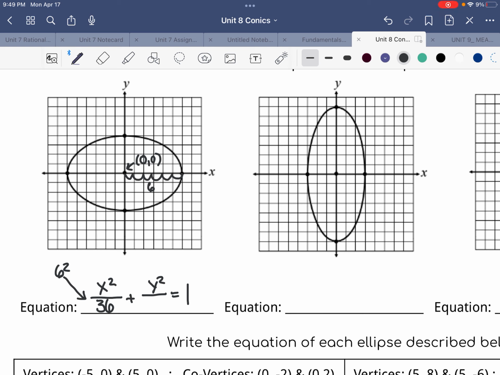And for the y part, 1, 2, 3, 4. 4 squared, 16. So it's x squared over 36 plus y squared over 16 equals 1. Now, on this particular one, it didn't really matter which one was shorter or longer. It does matter with some of the equations down below that give you the information instead. So that's kind of why I brought that up earlier.